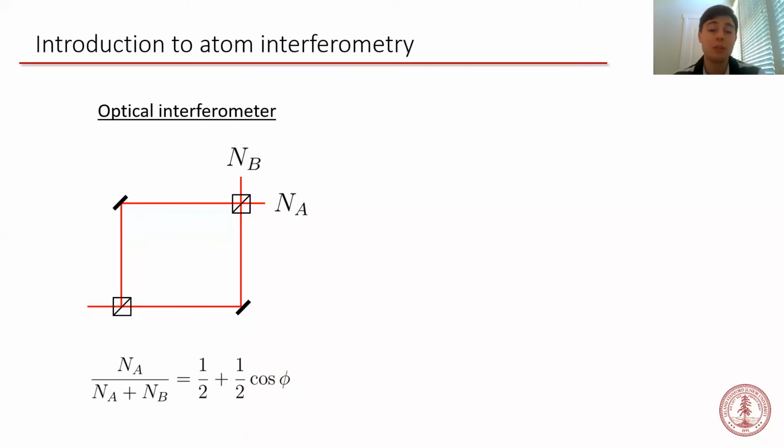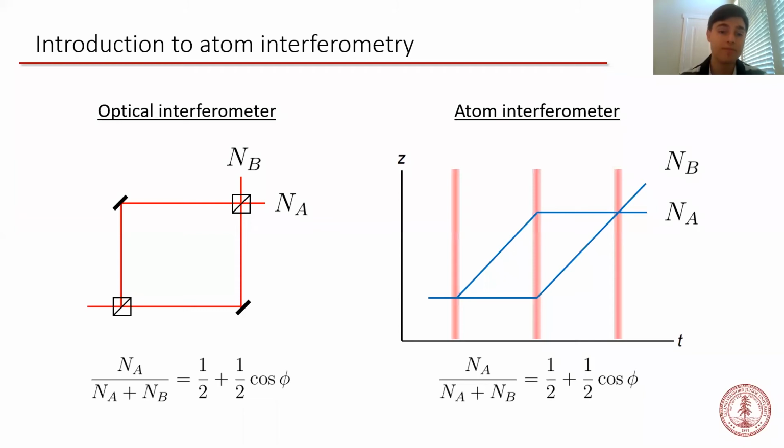In an optical interferometer, the phase depends on the optical path length difference between the two arms, which is determined by the positions of these optical elements. An atom interferometer works in a similar way, except that we interfere atoms instead of light. This is a space-time diagram of a simple atom interferometer.